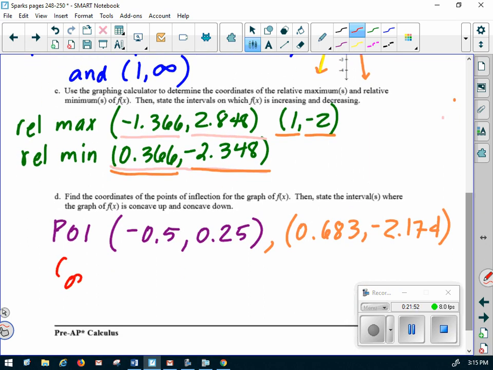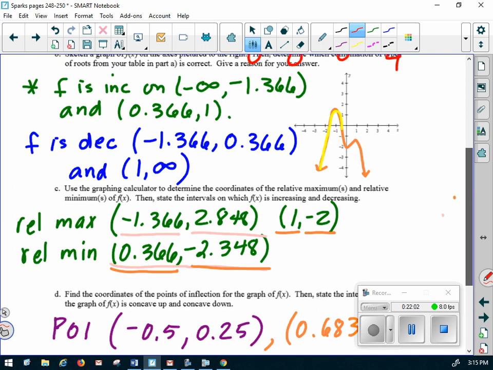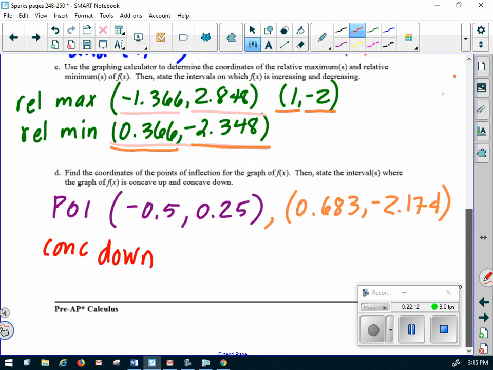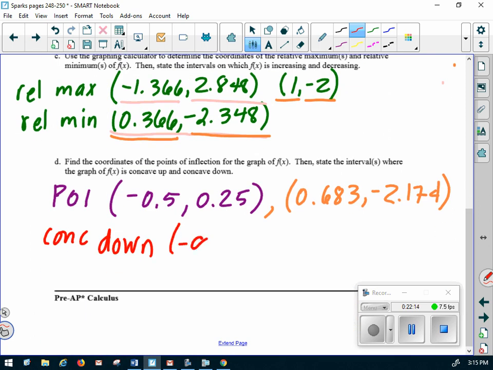Concave down. Now remember, you're using your x values. From negative infinity to that x value right there, so from negative infinity to -0.5, this graph is concave down.